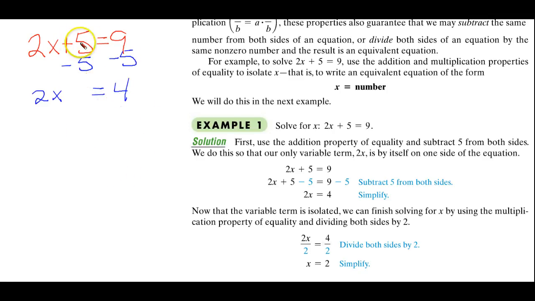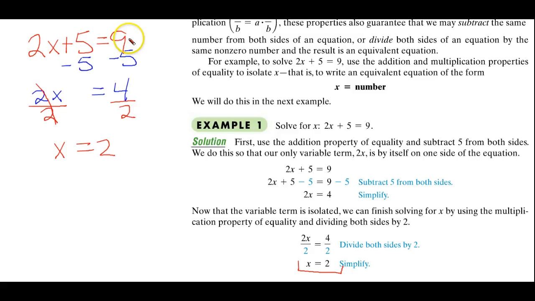So we've eliminated the 5 on this side by doing the same thing to both sides. Now we have 2x equals 4. We want to get the 2 out of there and not with the x anymore. And we do that by dividing the 2 out, because this is 2 times x. So we divide the 2 out on both sides. Here it cancels out and we get x equals 2. And that is our solution.